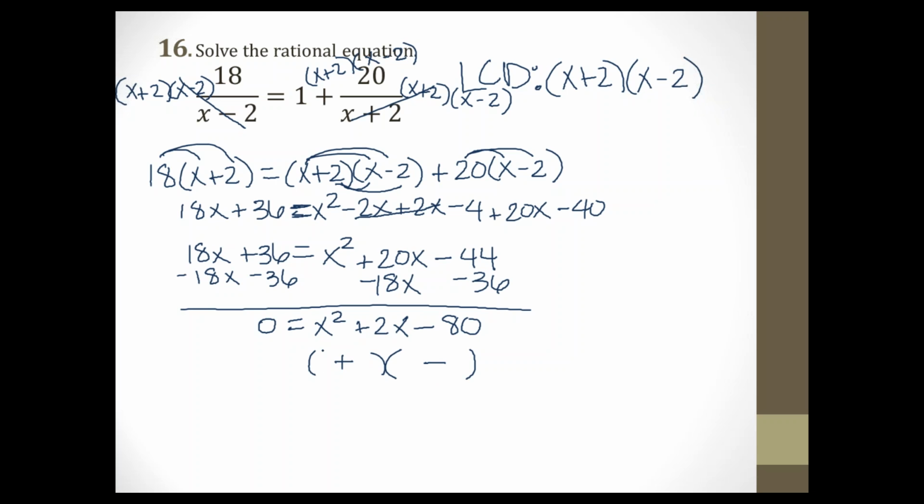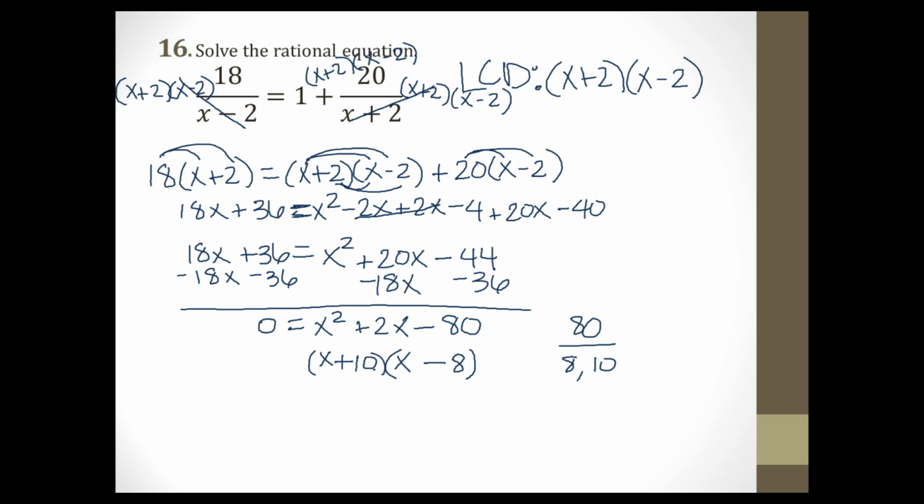And it's x squared as my leading term, so I'm going to have x and x here. So now I need two numbers that will multiply to give me 80 and subtract, because we're having negative 80, subtract to give me positive 2. So I want to think of my two numbers that multiply to give me 80. So I've got 8 and 10 equals 80. And I want to take the bigger factor, make it my first number here, and then we'll use the 8 here.